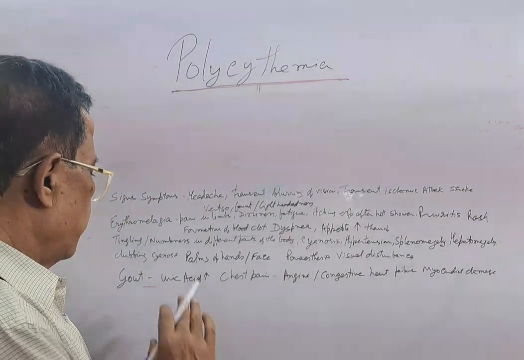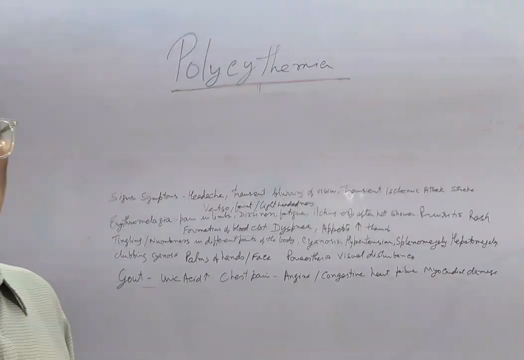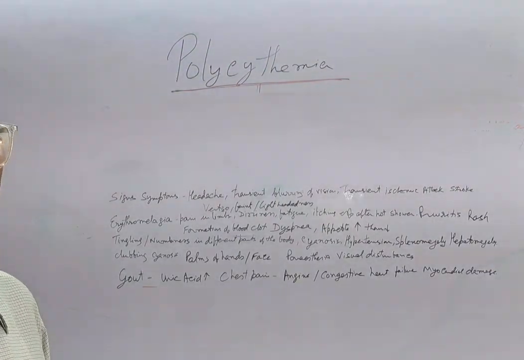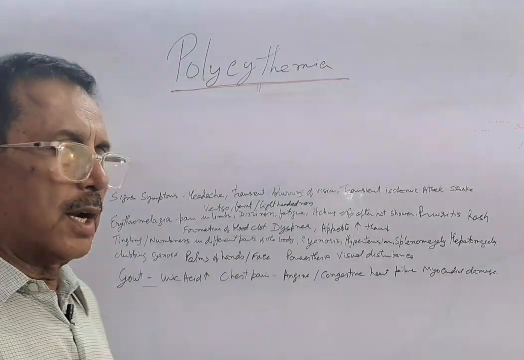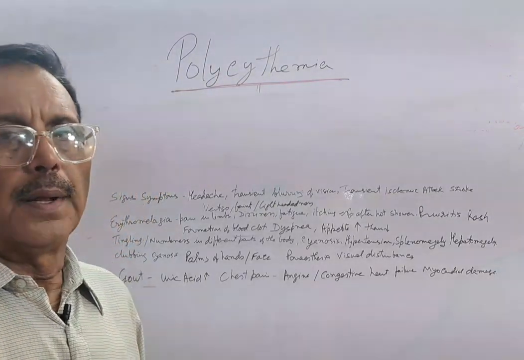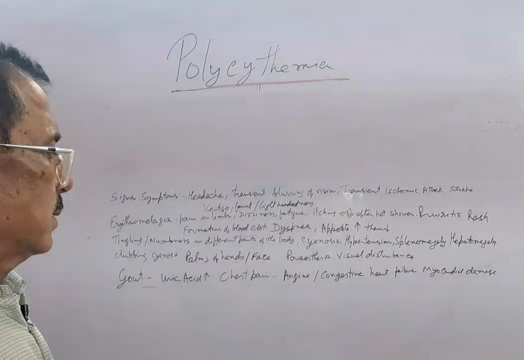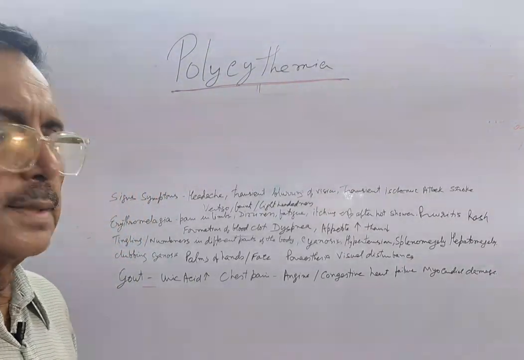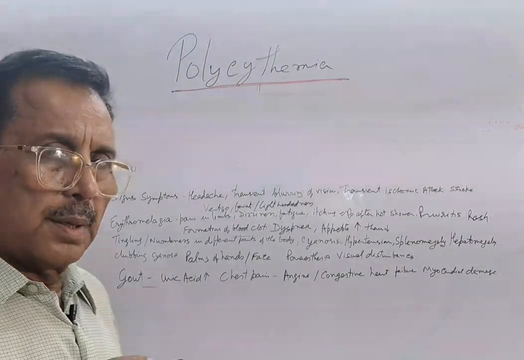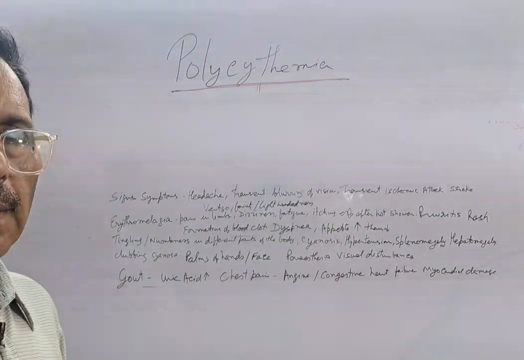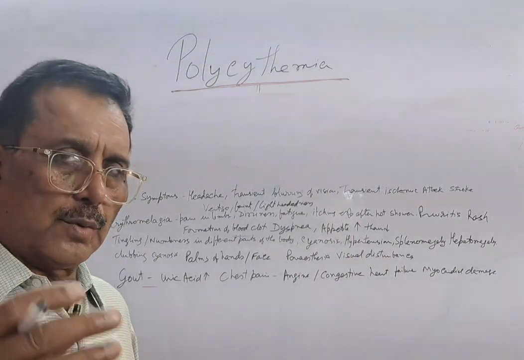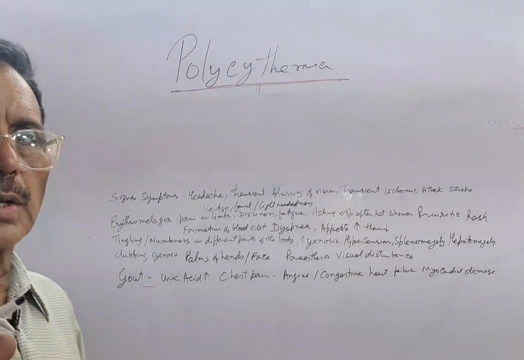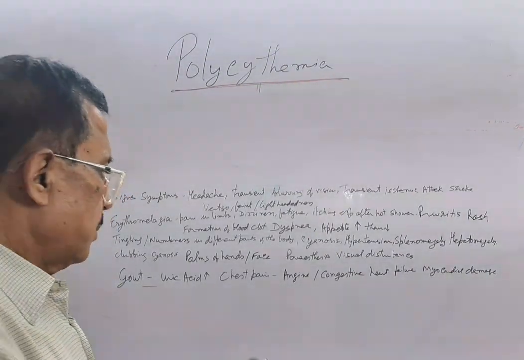Rapid destruction of RBC causes increase in uric acid that will lead to gout. Then there may be dyspnea, as blood is not flowing properly in lungs, and there is no proper oxygenation of blood.